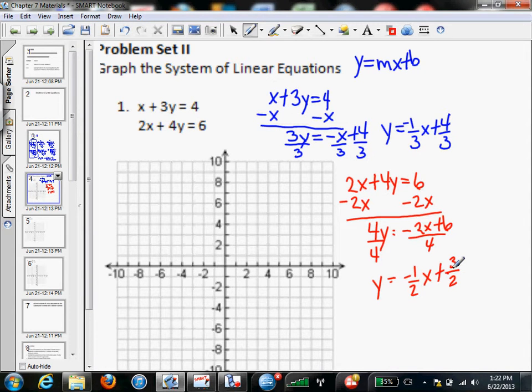Now when it comes to graphing, I'm going to graph the blue first. So we start by graphing the b, which in this point will look like 0, 4 over 3, which looks like that's going to be a little less than 2, but above 1.